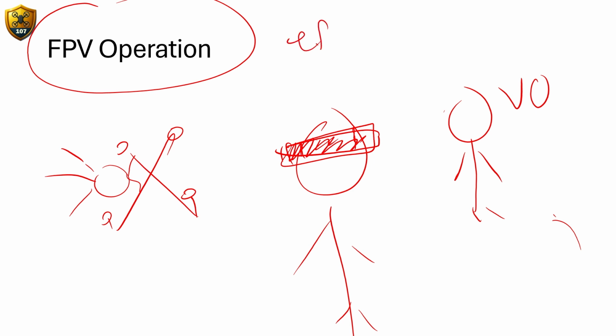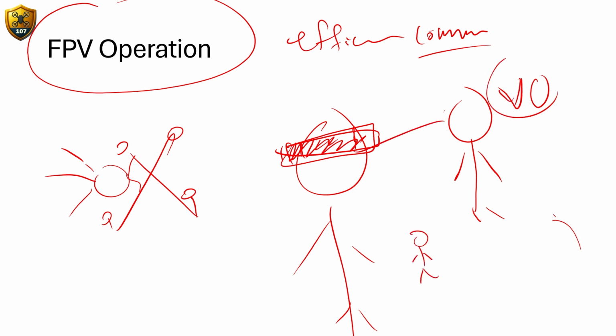This is very important, so that we know what's going on around us. If there's another person manipulating the controls, the visual observer should communicate to the RPIC, the remote pilot in command, as well as the person manipulating the controls. Those are the duties of a visual observer.